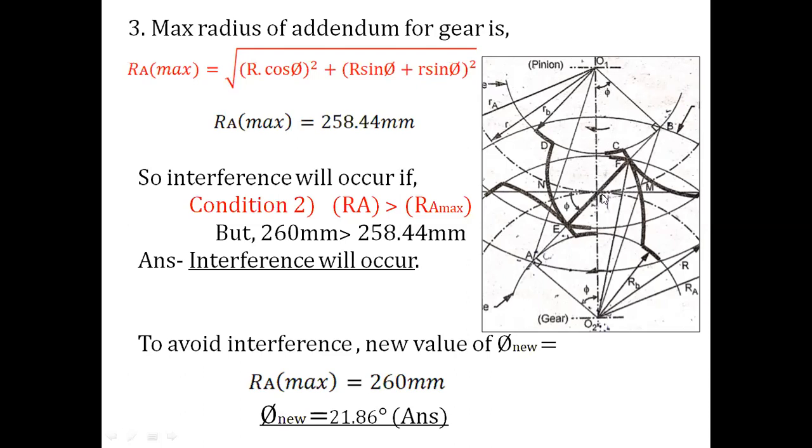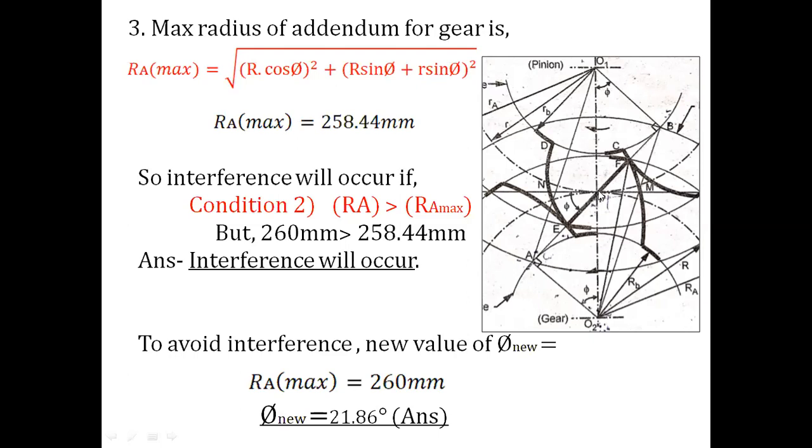This angle is phi, so PB will become small r sin phi. So AB is AP plus PB, which is capital R sin phi plus small r sin phi.